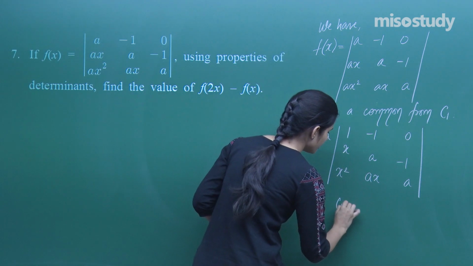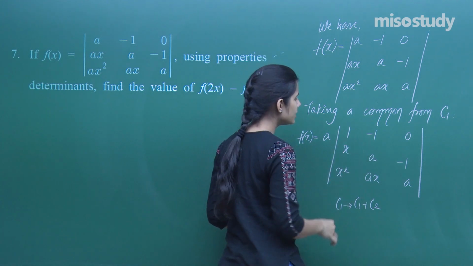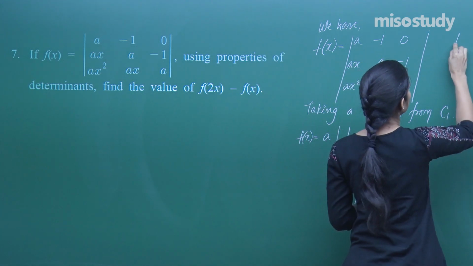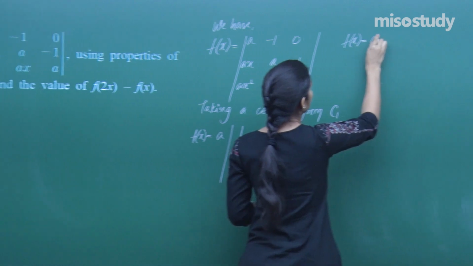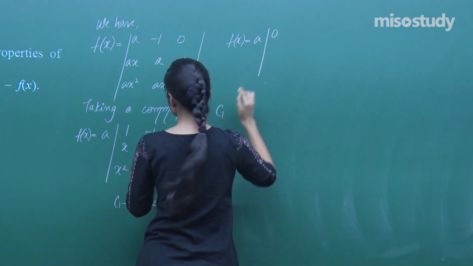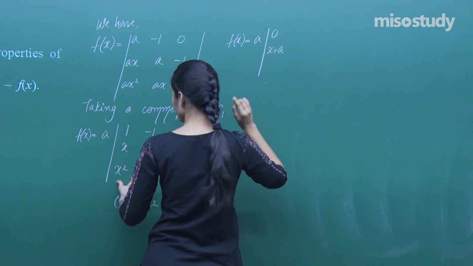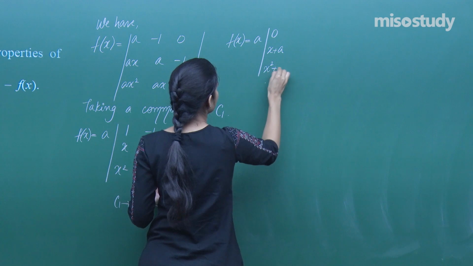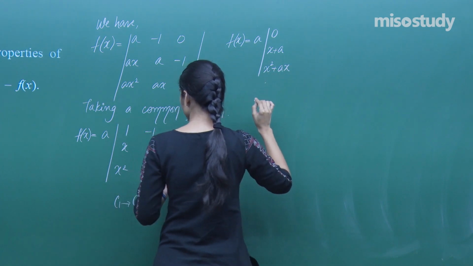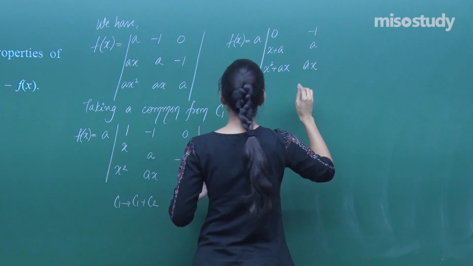Now I am saying column 1 goes to column 1 plus column 2, so that 1 minus 1 gives me 0 over here and I get a simplified f of x. So a is outside, 1 plus minus 1 is 0, x plus a, I am adding column 1 and column 2, x square plus ax. Then it is minus 1, a, ax, 0, minus 1, a.